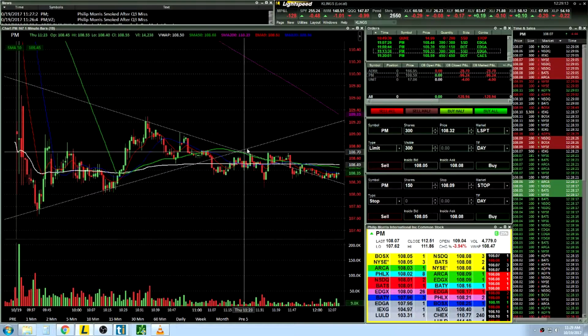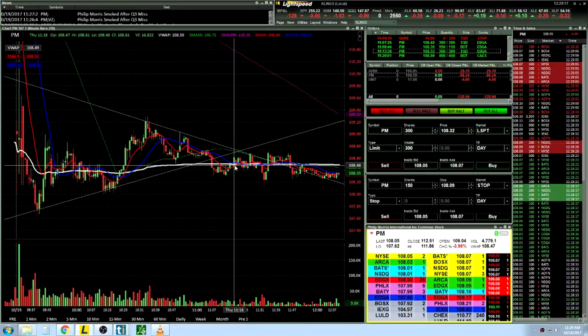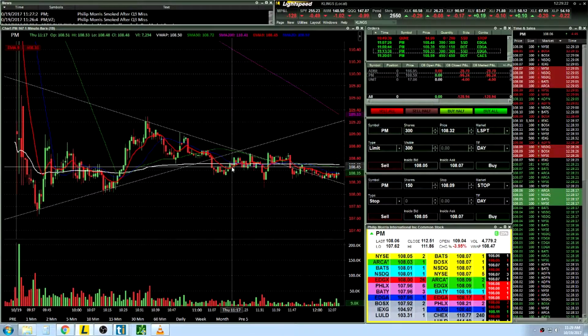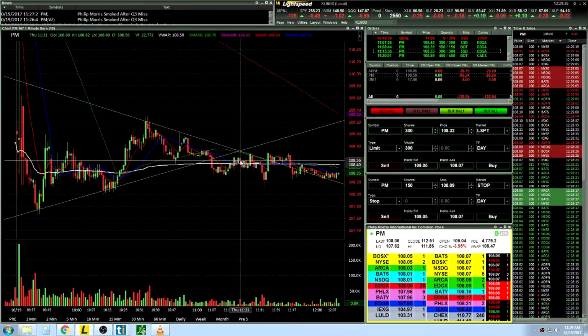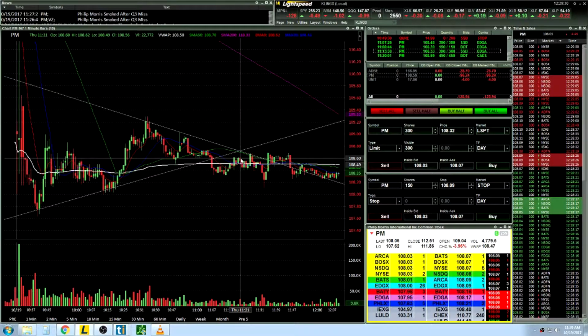And then it immediately turned right back around, causing me to get out. What I should have done, and again, I broke my rules, didn't get out on the 9. I wanted to see what it would do at the VWAP or the 20, and wouldn't you know it, lost another extra 10 cents, and ended up with an $80 loser.